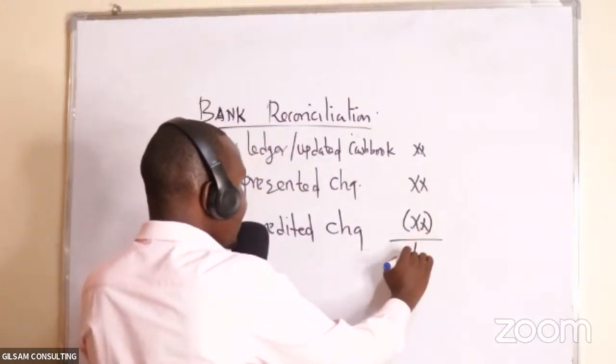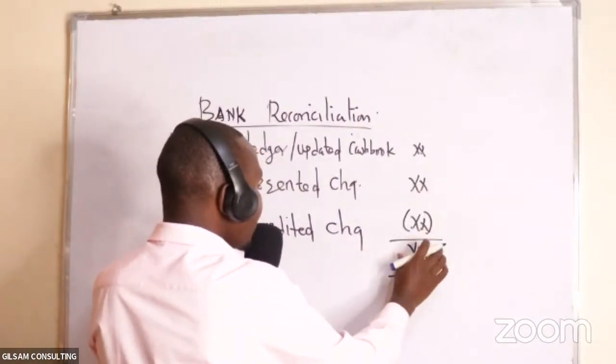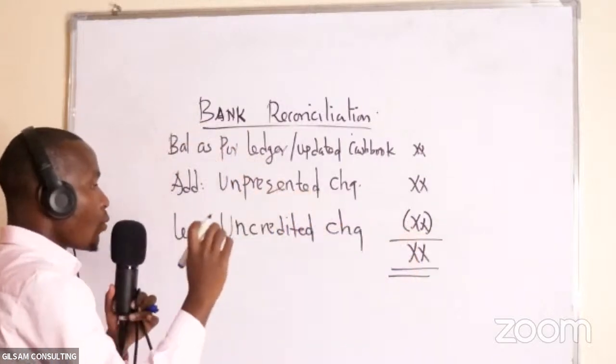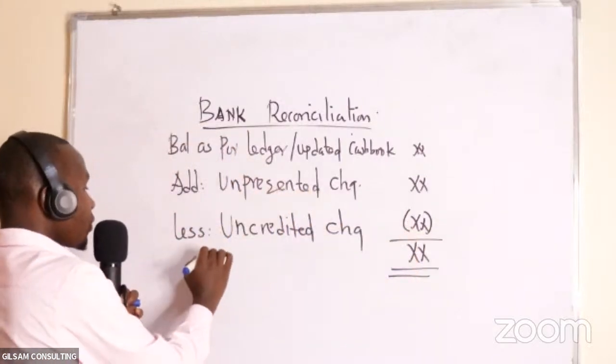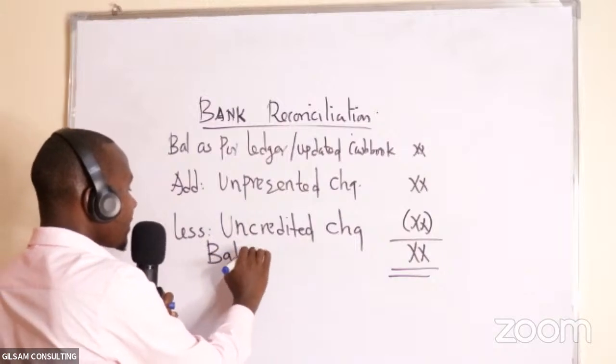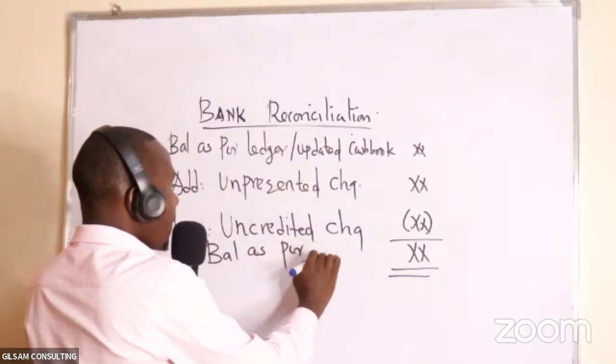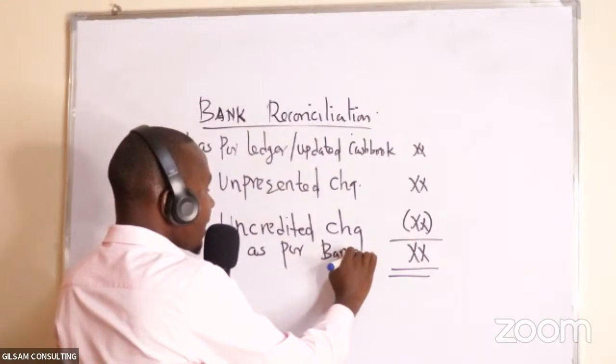If you less that uncredited check, this balance should be the same as what is in the bank statement. So that one is the balance as per bank statement.